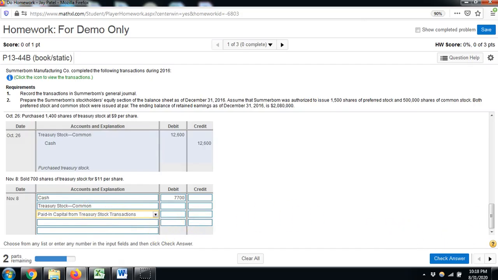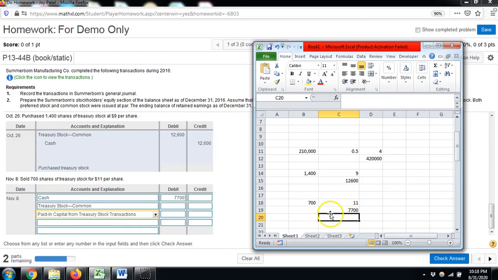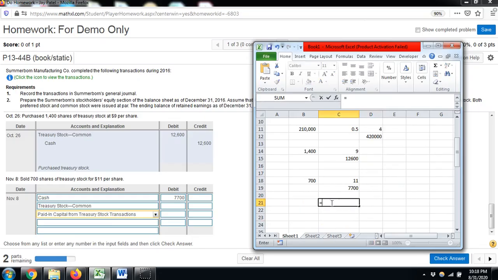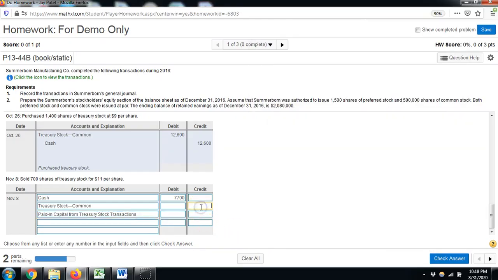So we paid $9 a share, 9 times the 700, so 6,300 is from our treasury stock, which we bought here, and the rest of it is going to be excess paid in capital from treasury stock transactions of 1,400.